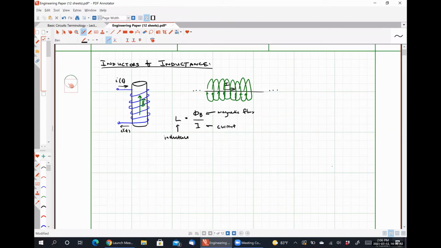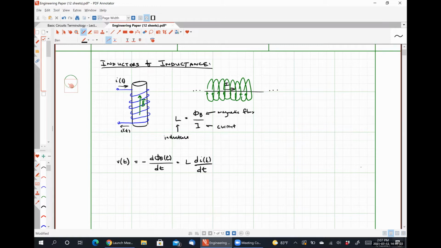Now, from Faraday's law of induction, the voltage drop across such an inductor coil is simply negative the derivative of the magnetic flux as a function of time, which using our other relationship here is going to give us L times the derivative of the current with respect to time.